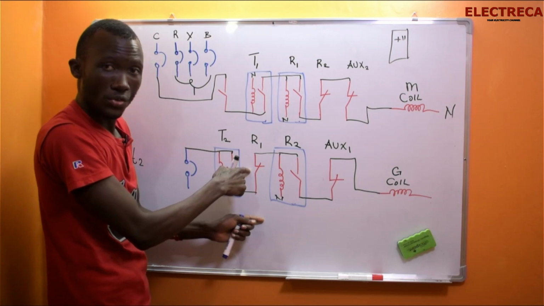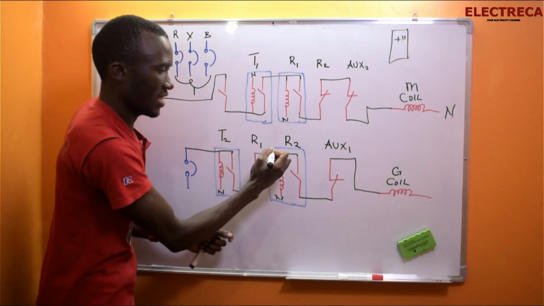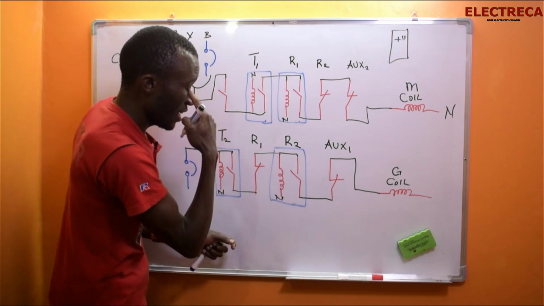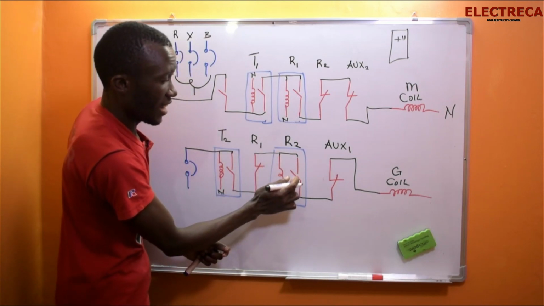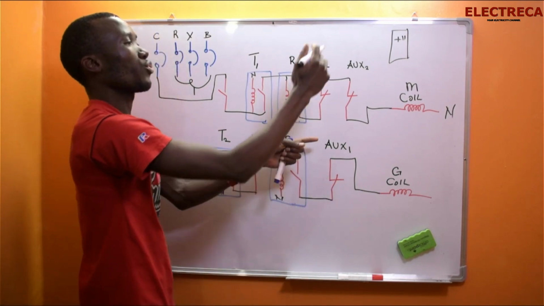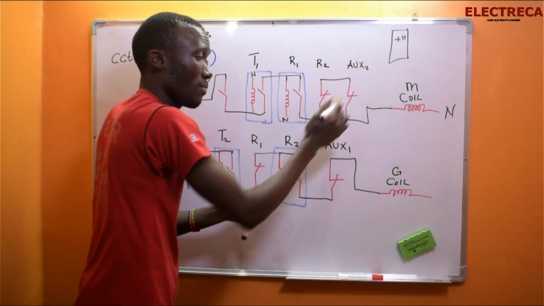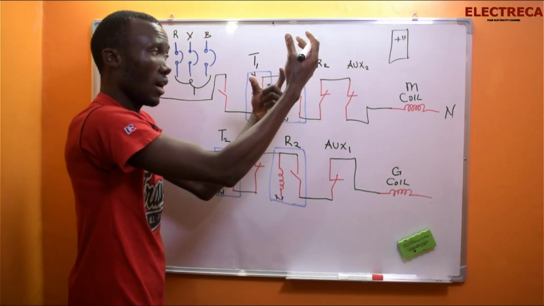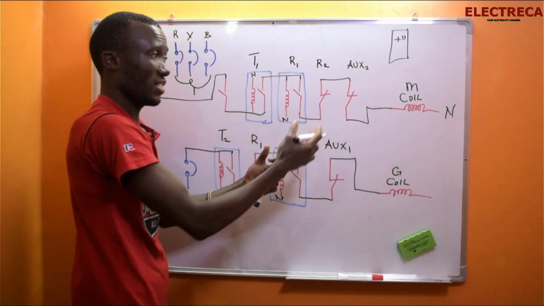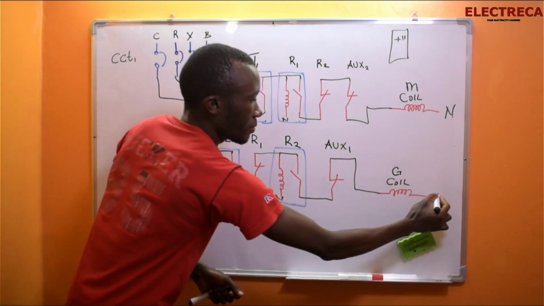This is closed, so it will go through here, and then it energizes its R2 here. Then R2 will close its contact here, but before we reach the coil, we have to go through the auxiliary contact of this main contactor because it is de-energized, so this is closed. Our gen will get the supply.